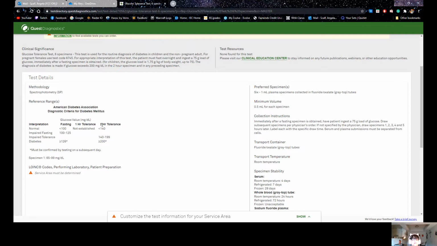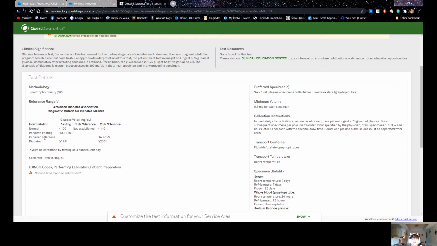What a glucose tolerance test is, and if you've had a baby, you know they give you a sugary, syrupy, sweet drink, and you drink it, and 2 hours later you come back. We want that number to be less than 140. Now, impaired means if they come in and they're already not functioning well, this lets us know. If it's 100 to 125, this is already a range telling us.